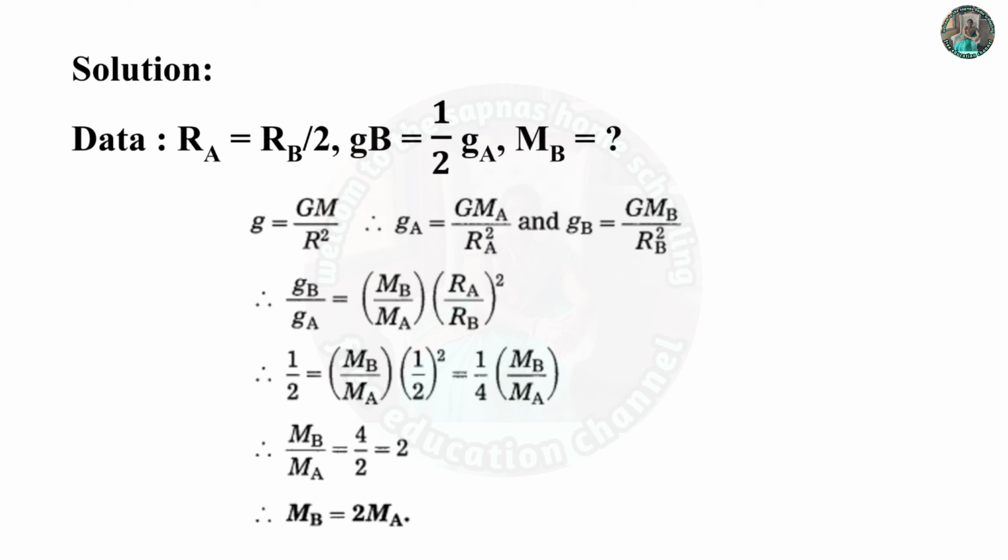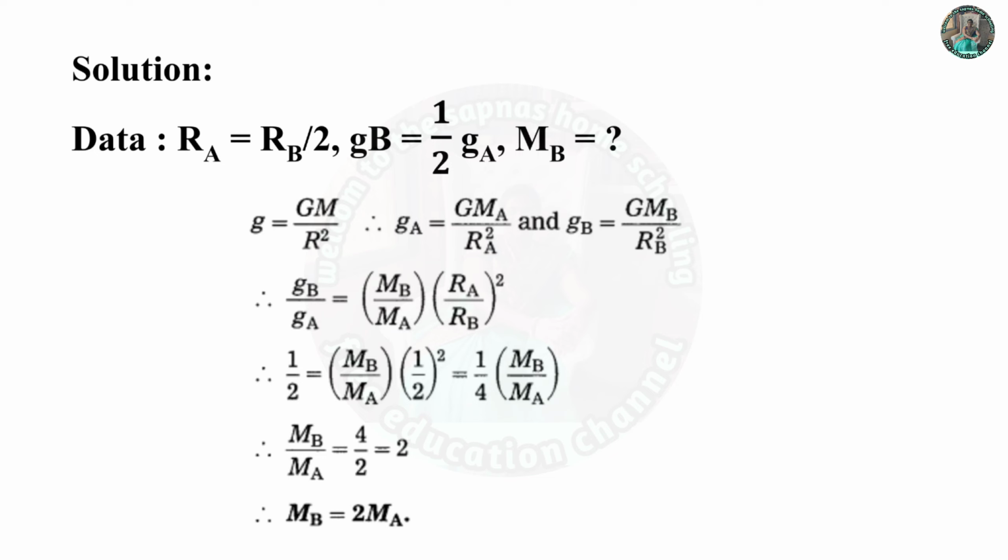G is equal to GM upon R square. That's why GA is equal to G MA upon R square, RA square, and GB is equal to G MB upon RB square. That's why GB upon GA is equal to MB upon MA in bracket and into in bracket RA upon RB square.